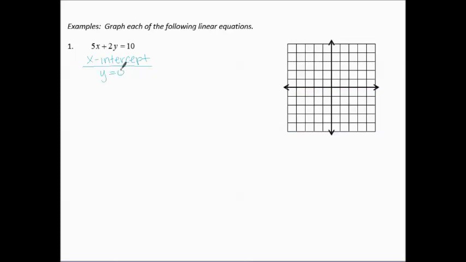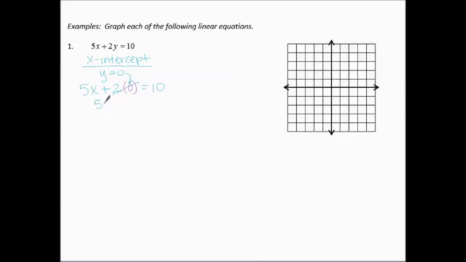So when I find the x-intercept, I'm going to write my equation 5x plus 2, and then instead of writing y, I'm going to write 0 equals 10. Because y is equal to 0, I'm going to use my substitution property and put 0 in for y here. And then 2 times 0 is 0, so that will cancel out.